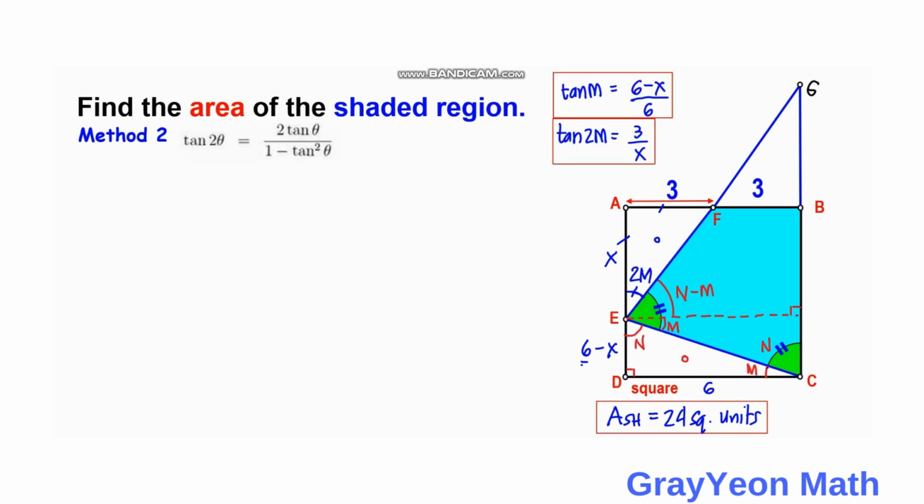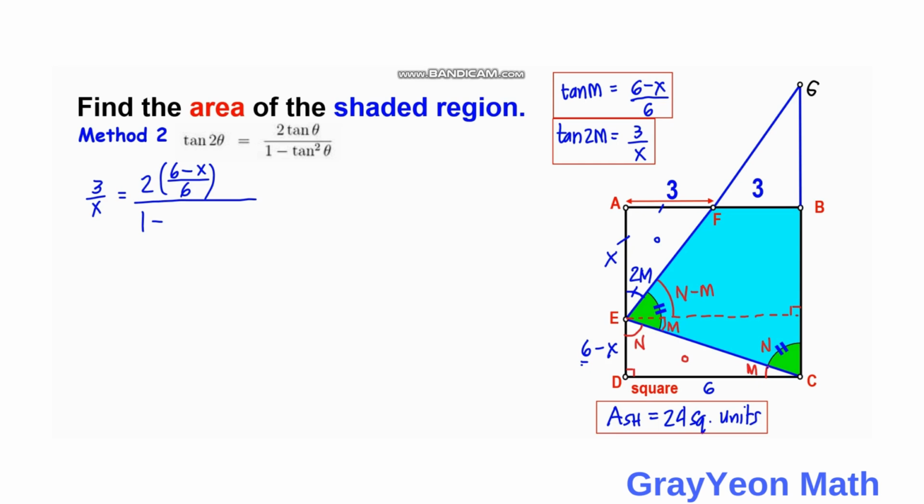Okay, so next we use this double angle identity for tangents. So we replace this, we have this tangent 2 theta, or 2m in our case. So we have 3 over x is equal to 2 times the tangent of m, that becomes 6 minus x over 6, all over 1 minus tangent m squared.